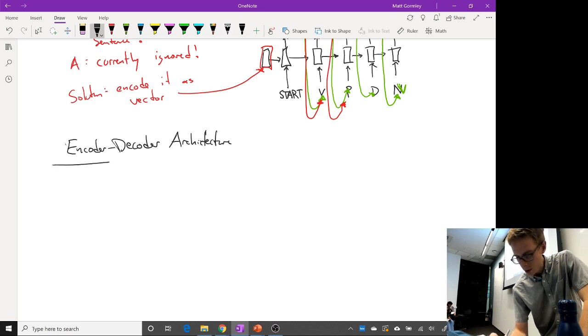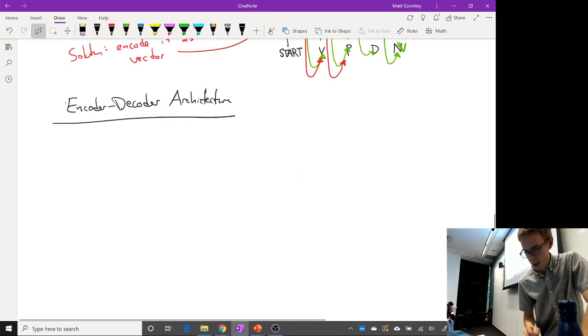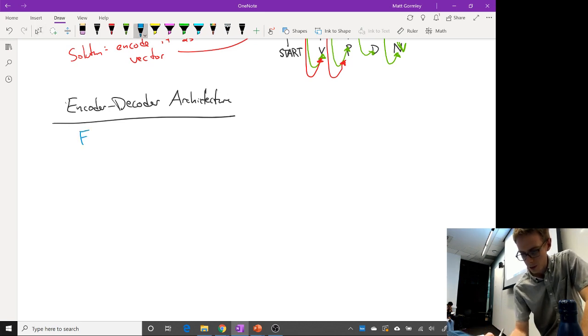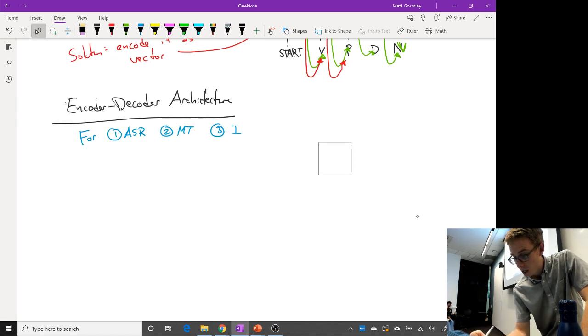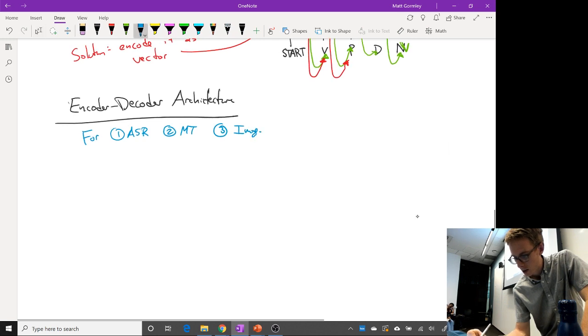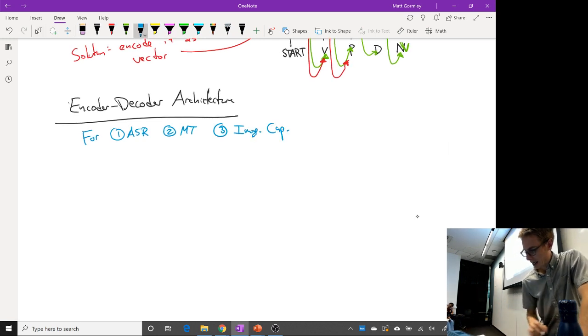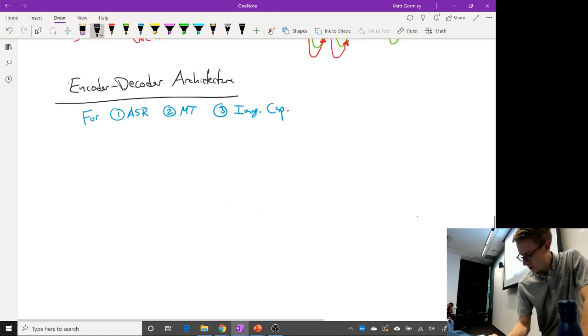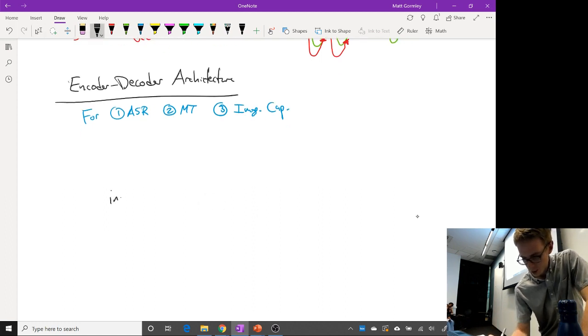An encoder-decoder architecture, or model, is used all over the place, for example in acoustic speech recognition, machine translation, or image captioning. In all these cases, the architecture kind of looks the same.